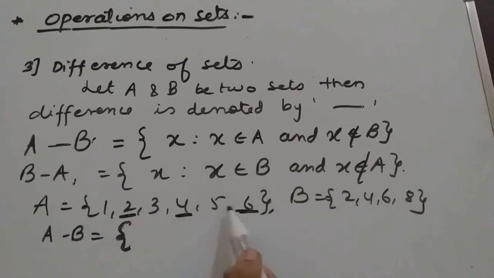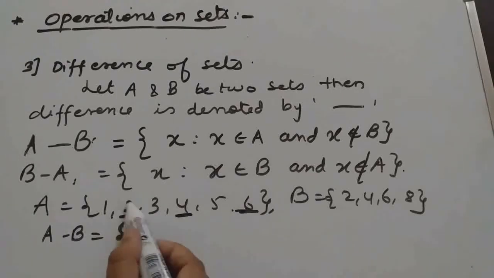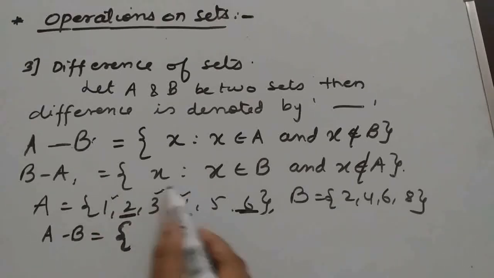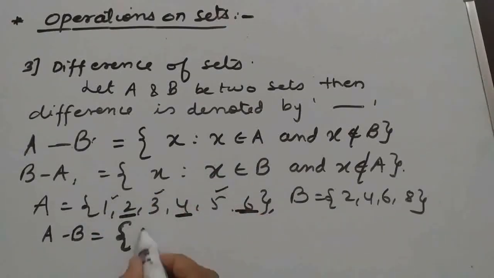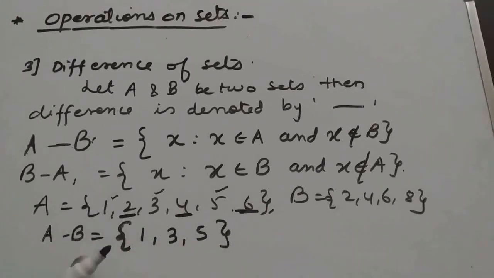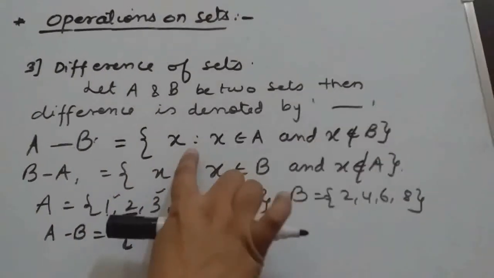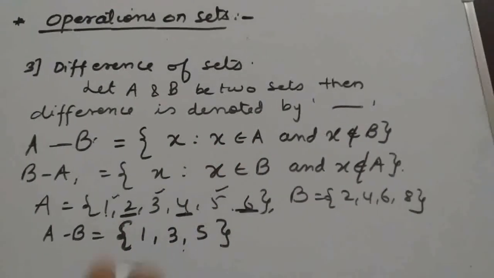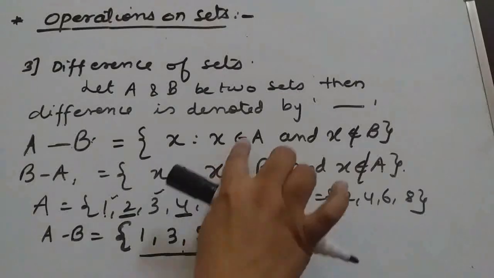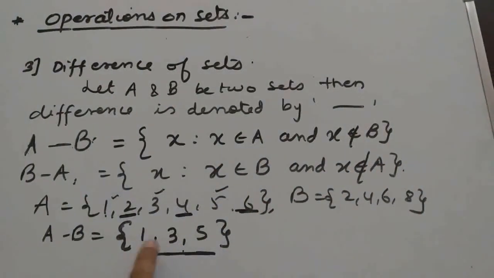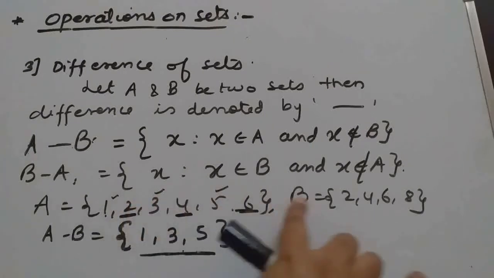Now these are the common elements which are in B, so we won't write these elements in A minus B. The remaining elements you should write in A minus B. So 1, 3 and 5 is set A minus B. Understood how to write? First cancel the common elements between the two sets, and the remaining elements in A you should write, because by the definition x belongs to A. So the elements of A minus B should belong to A, should not belong to B. So 1, 3, 5 are in A, not in B.